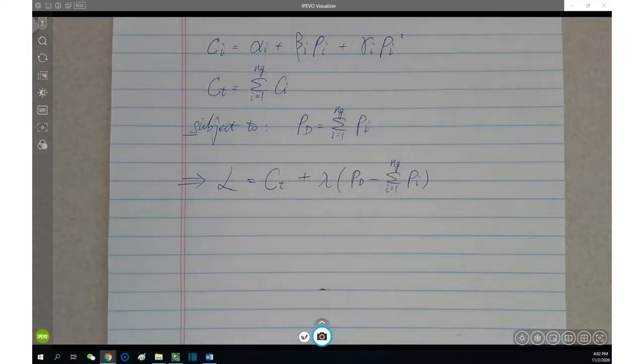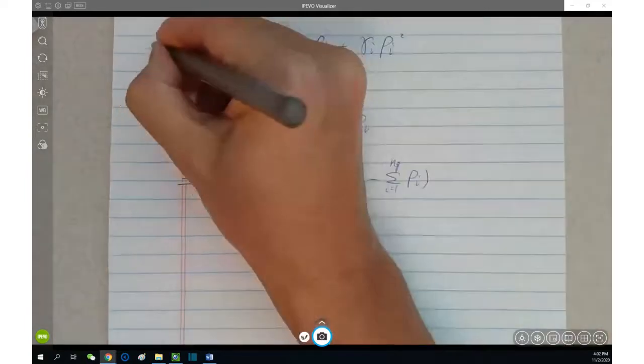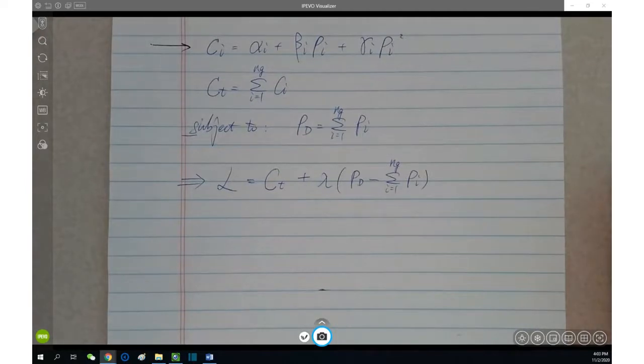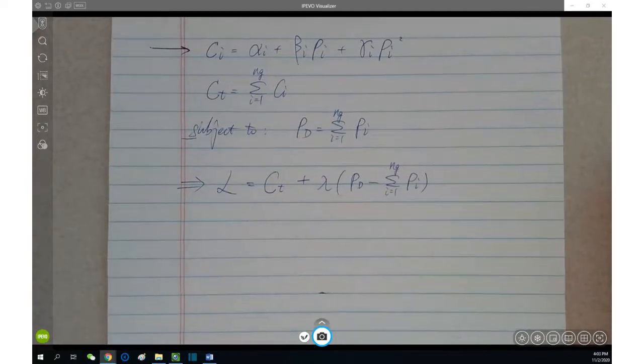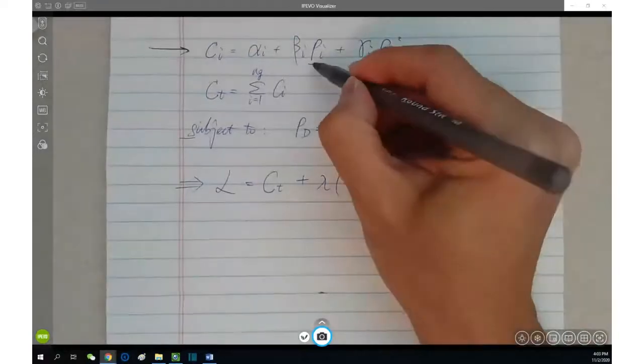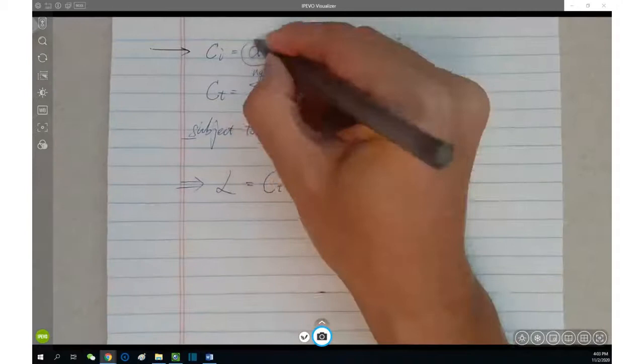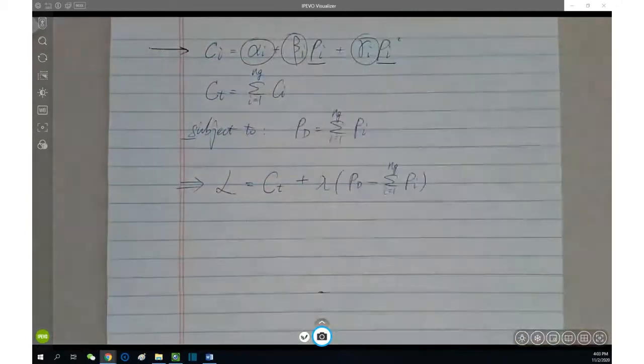And here we have, first of all, the individual generator cost function. It's modeled in such a way as a function of power, a quadratic equation with different coefficients, constants.